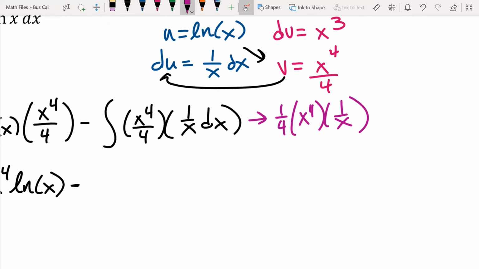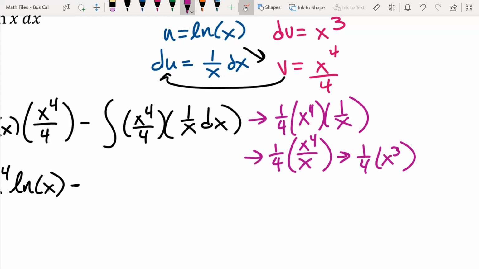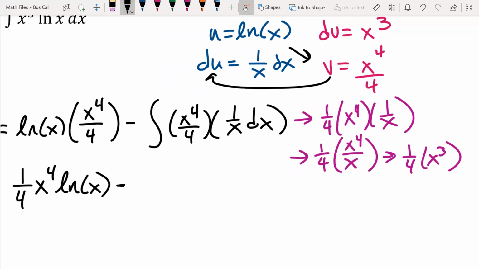So I'm just rewriting everything on the inside, which then becomes 1/4 times x cubed. Or if we need to see that other step, it becomes 1/4 times x to the 4th over x, which becomes 1/4 times x cubed. There we go. So now, when I rewrite this integral, I'm going to pull that 1/4 out, and you're going to have 1/4 times the integral of x cubed dx.